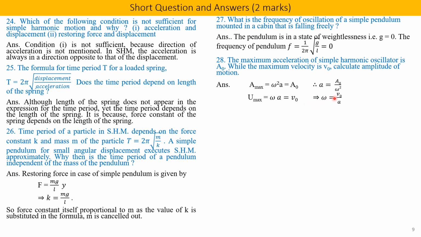Therefore, omega is equal to v0 by a. Substituting omega equals v0 by a in the first equation, we get a is equal to A0 a squared by v0 squared. Therefore, a is equal to v0 squared by A0.